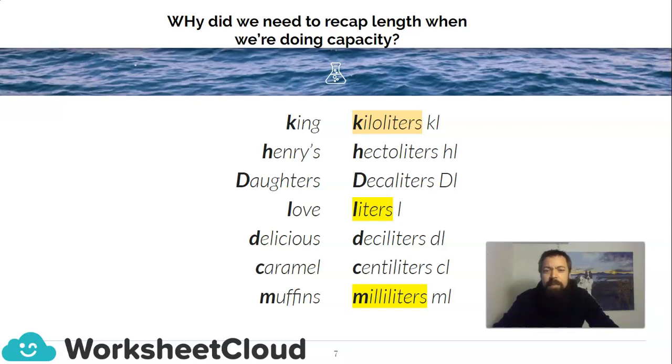All right, so these are the ones, and we can use a similar mnemonic. I just changed the middle one from make to love. So King Henry's daughters love delicious caramel muffins, and it works exactly the same. When you're going up the list, you take away zeros. When you're going down the list, you put zeros on.